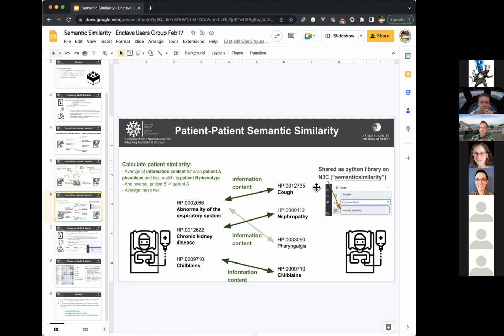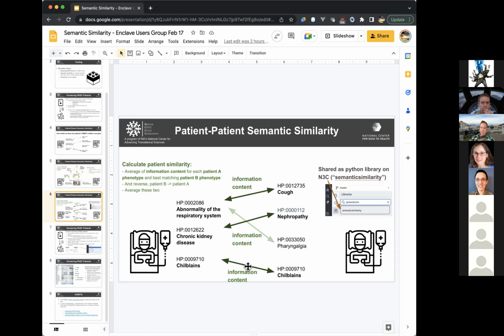And then you do the opposite. You start with patient B and find the best match for cough over here. Nephropathy also has chronic kidney disease as the best match. You can see that it's different going from patient A to patient B versus patient B to patient A. So you get a slightly different, or maybe wildly different, measurement here.